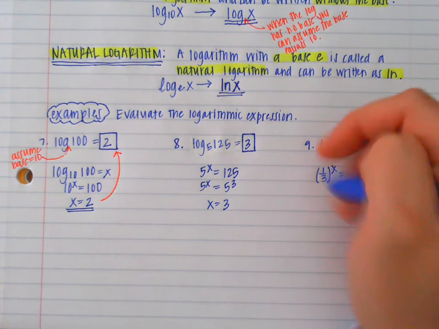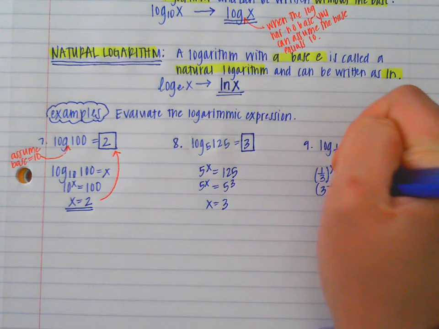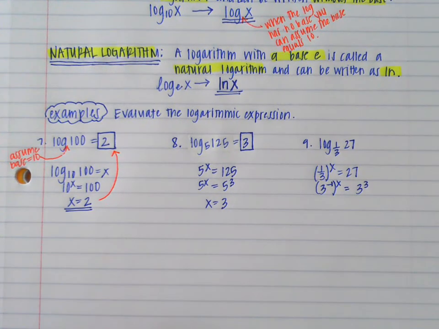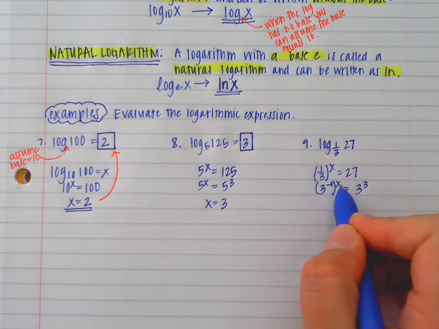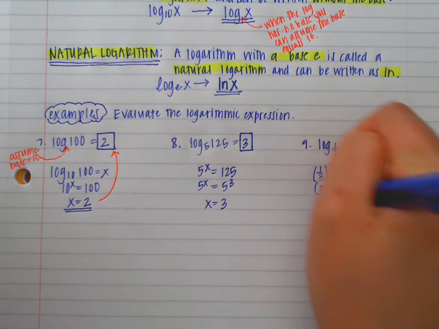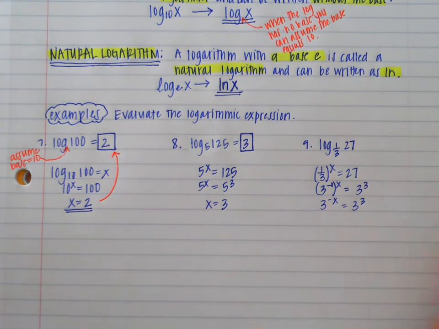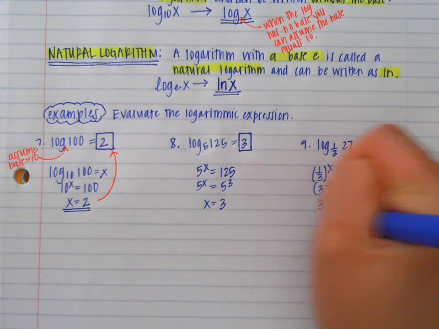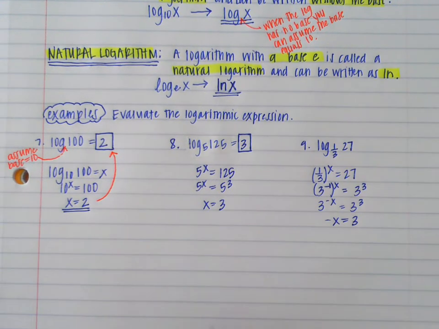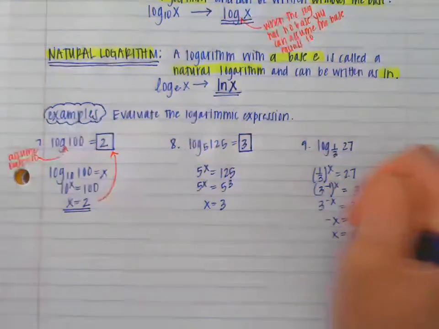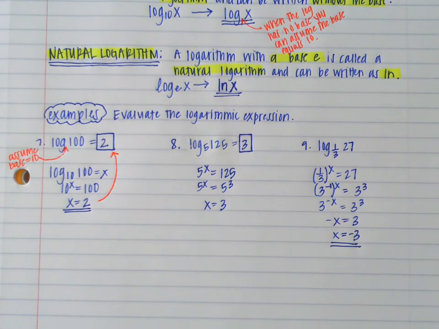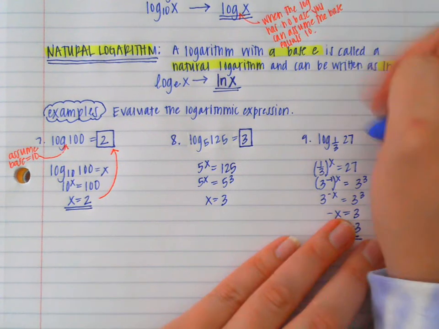So this is going to be 3 to the negative 1x, and 27 is 3 to the third. And then I can power to a power multiply. And now I can set my exponents equal to each other and solve for x. Which tells me log base 1/3 of 27 equals -3.